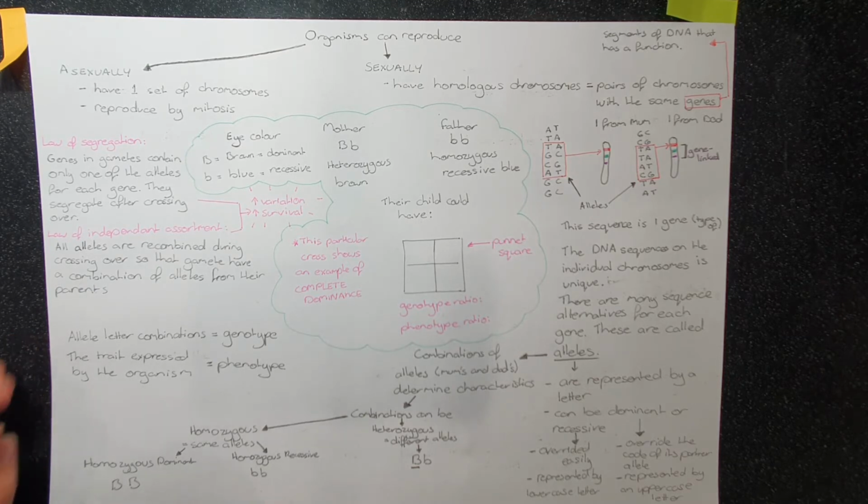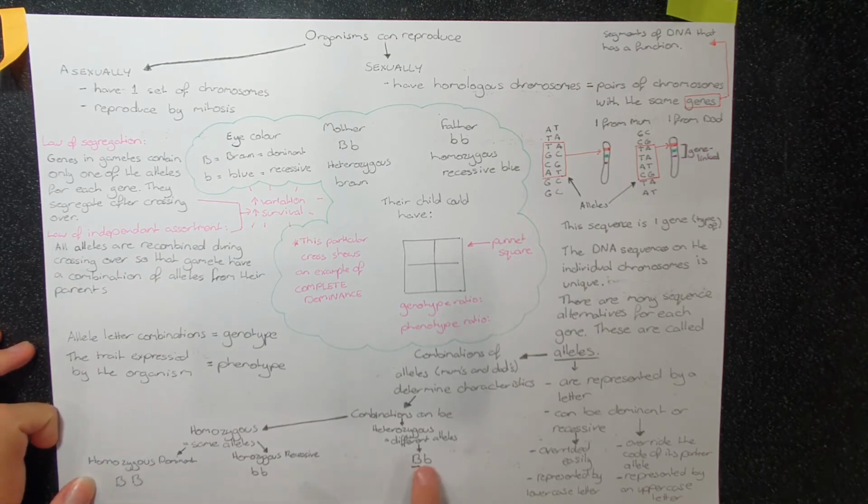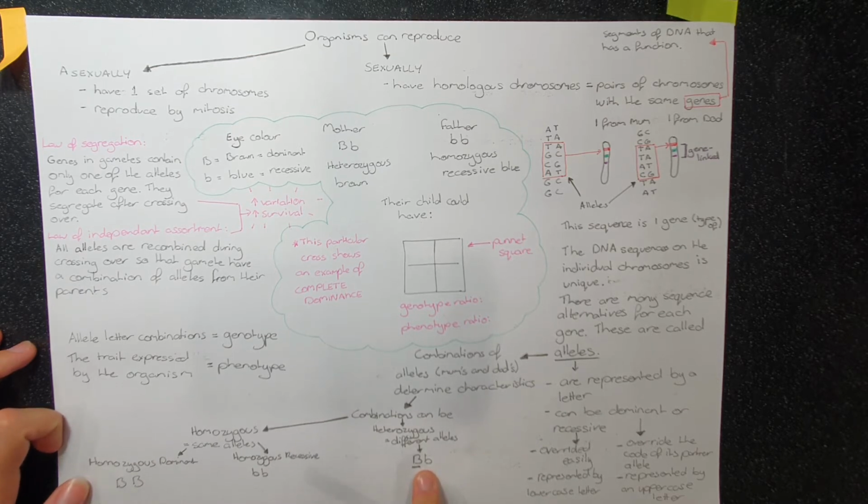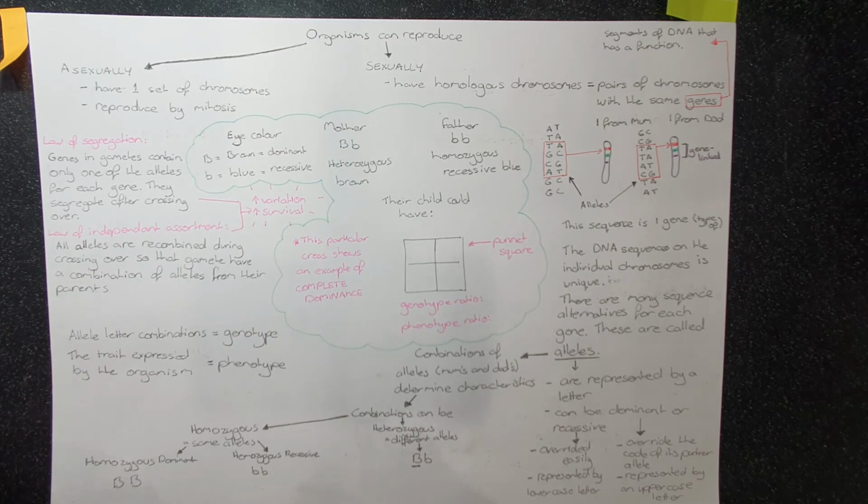Okay, allele letter combinations are known as genotypes. So these combinations here of big B, little b, and big B, little b are called genotypes. All right, so genotypes are the allele combinations represented as letters.